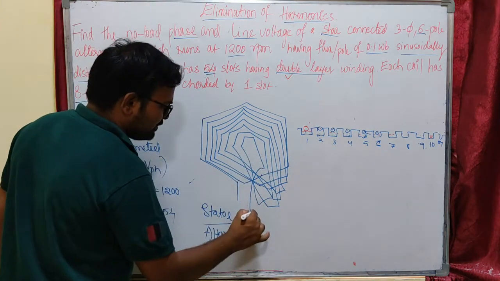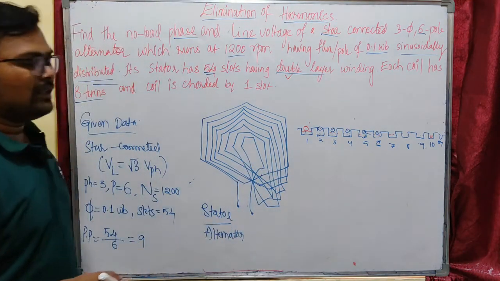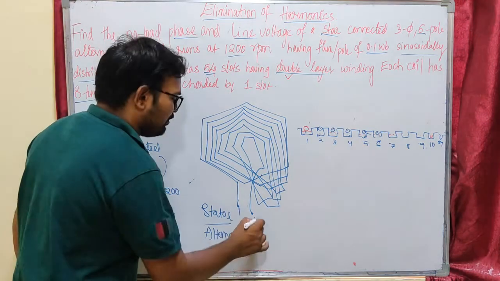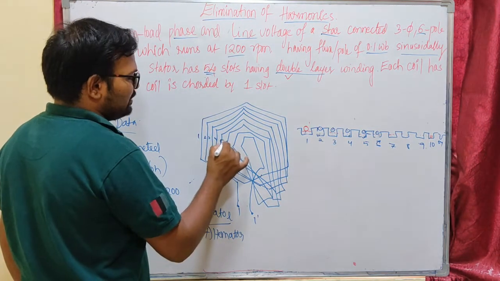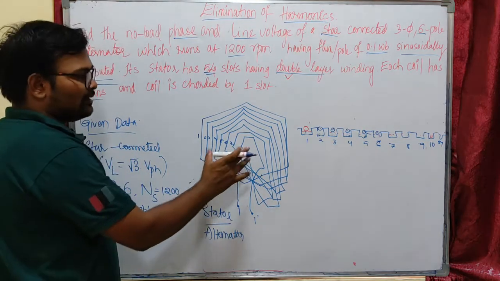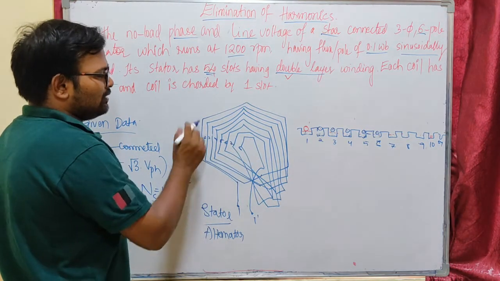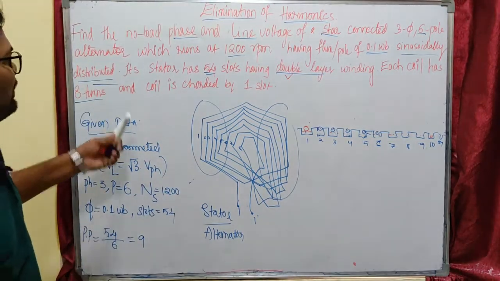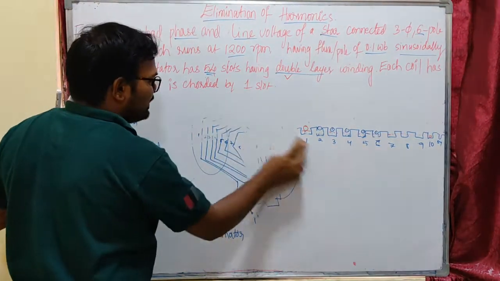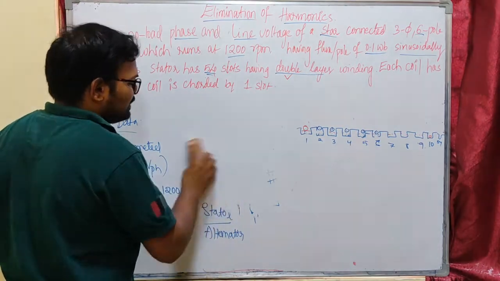After 8 turns you will have the terminals come out. This is terminal 1, terminal 1 dash. That means our coil has 8 turns here: 1, 2, 3, 4, 5, 6, 7, 8. Each turn has two conductors, one on this side and another on this side. So each coil has 8 turns, with two conductors in each turn.